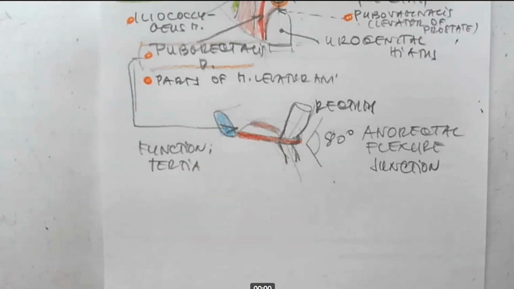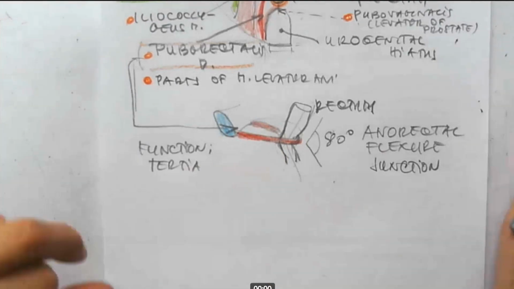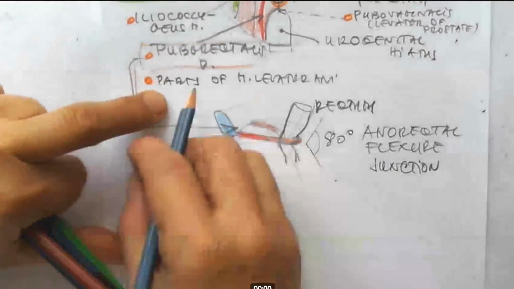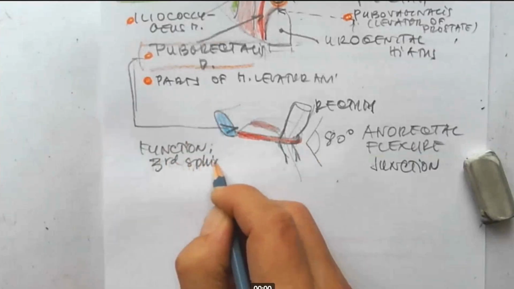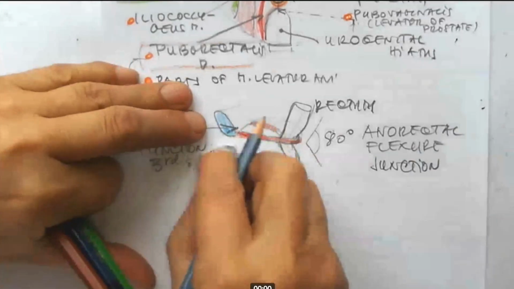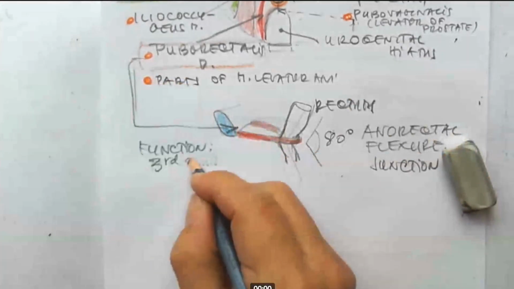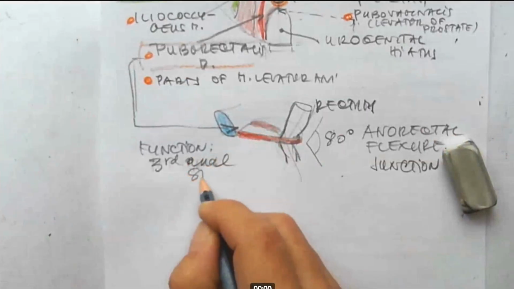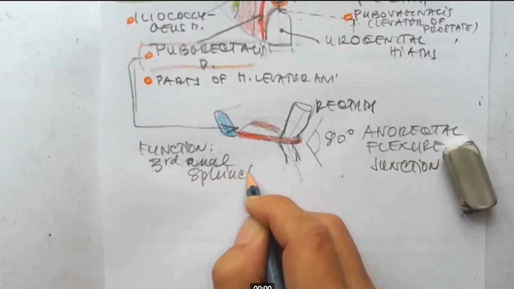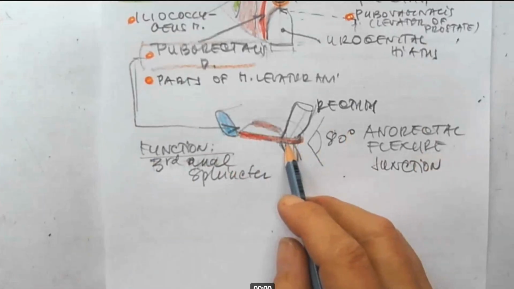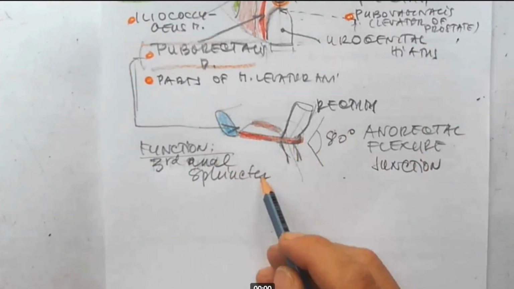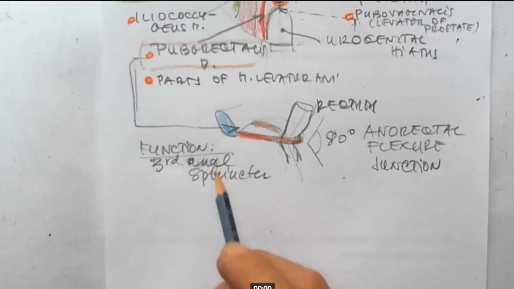This muscle is also important for stabilization. Maybe better to say the third anal sphincter. So this muscle stabilizes the position of this part of the rectum, but also acts as the third sphincter.